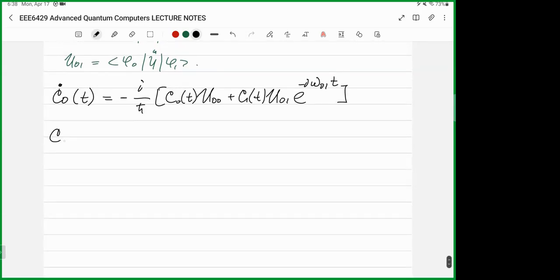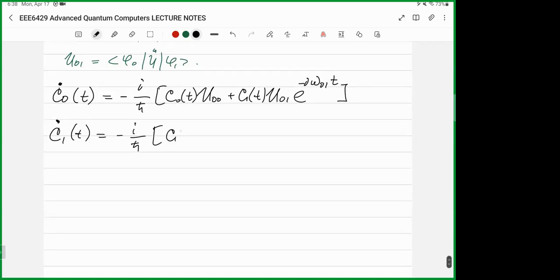And the second one, c sub 1 dot of t, is minus i over h bar, c sub 1 of t u11 plus c sub 0 of t u10 e to the power of plus i omega 01 t. Yeah, two equations.